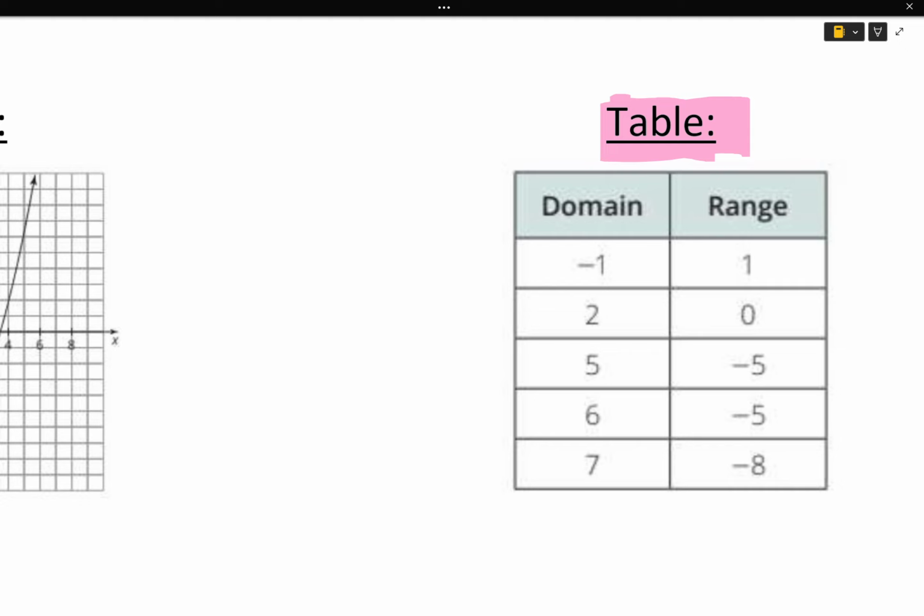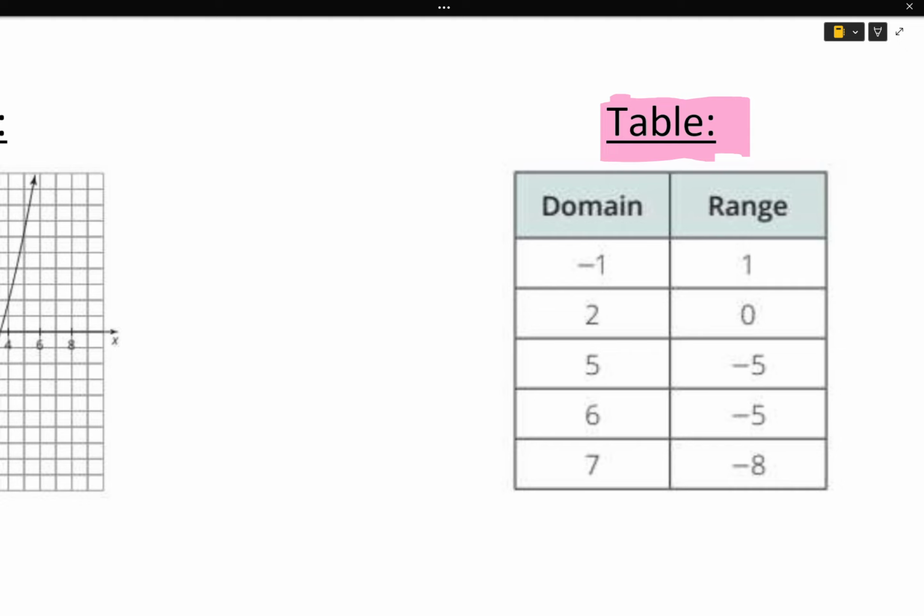So the table is a function because the domain goes exactly to one range. Yes, each domain only goes to one range.